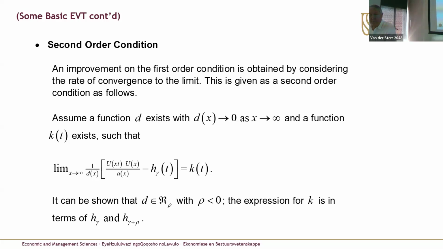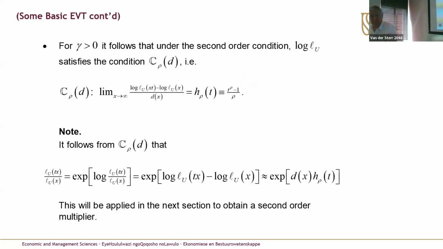Okay, and it can be shown that this function d, if it exists, is necessarily regularly varying. Okay, so regular variation of order rho, and this rho is negative. Whereas previously we saw that U, in the case gamma positive, is regularly varying of order gamma, for that gamma positive. k can be expressed in terms of H gamma and H gamma plus rho, but we don't need it, so I'll just leave it there. Okay, so this is our second order assumption.